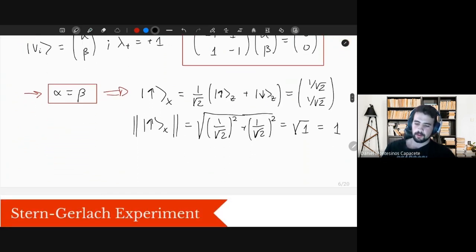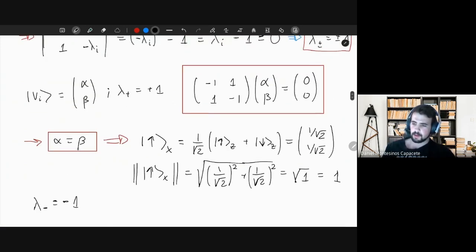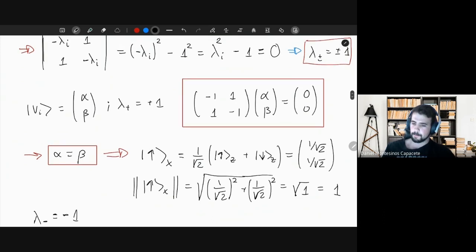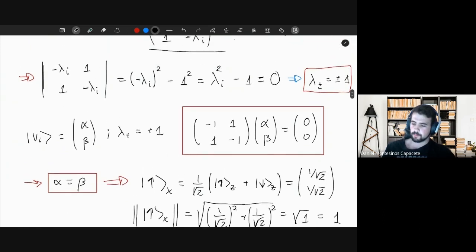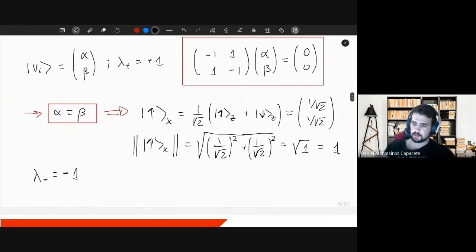And for the other vector, for this other eigenvalue, you can do exactly the same. If you do the calculation, it is exactly the same. I'm just going to move forward. I'm just going to call this down.